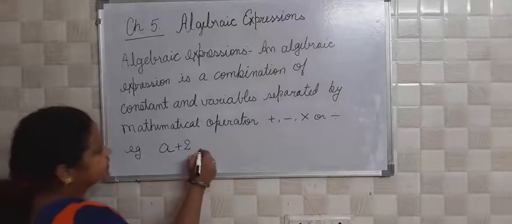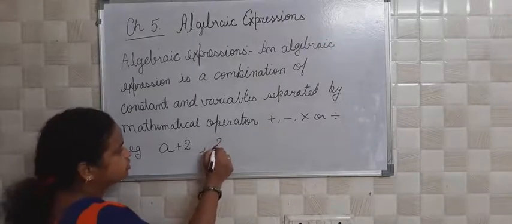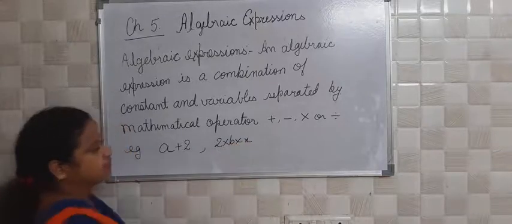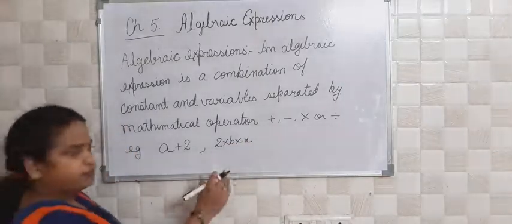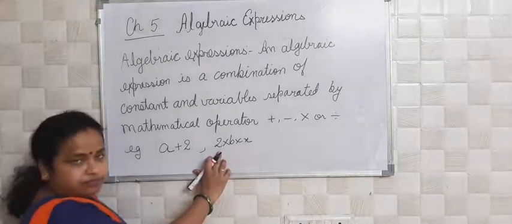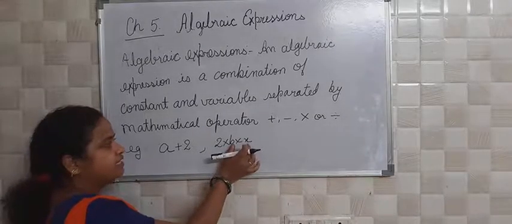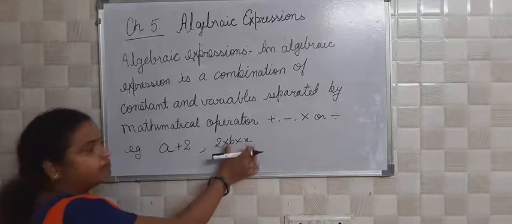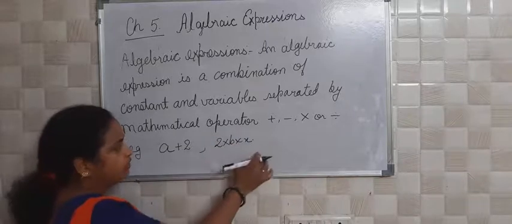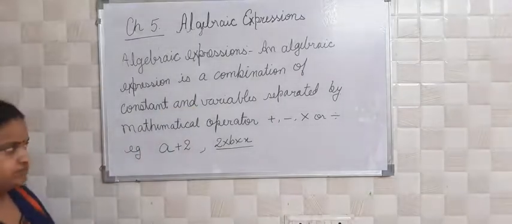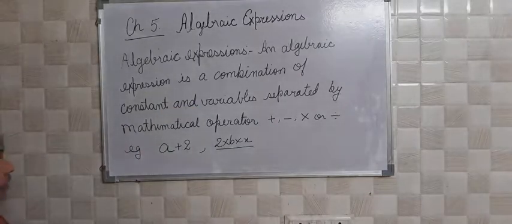Now next, let us take one with multiplication: 2 into b into x. So here what is 2? It is a constant term. And what are b and x? b and x both are variables. But combining all, 2 into b into x, it will become one expression.